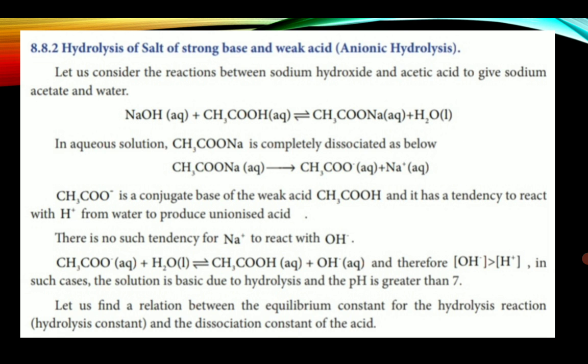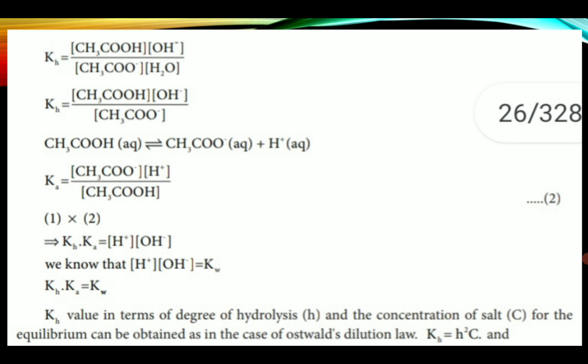Let us find a relationship between the equilibrium constant of the hydrolysis reaction and the dissociation constant of the acid. Kh is equal to the concentration of CH3COOH times the concentration of OH- divided by the concentration of acetate times the water concentration. Water is neutral and is taken as unity.